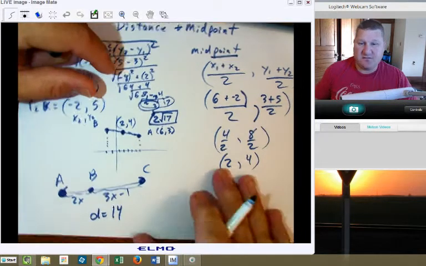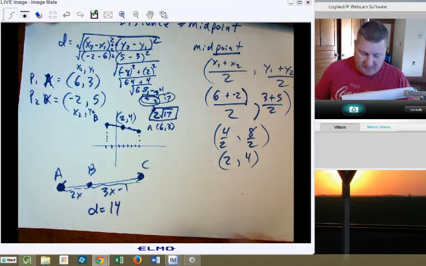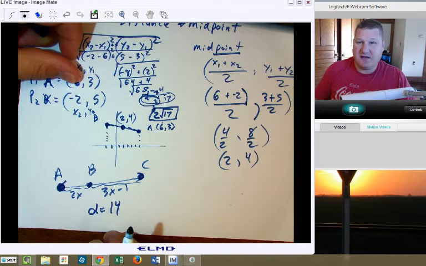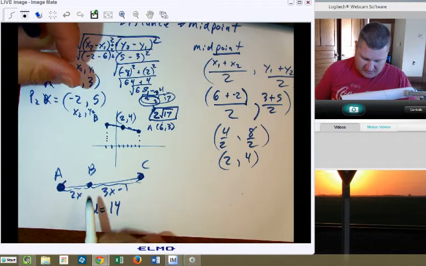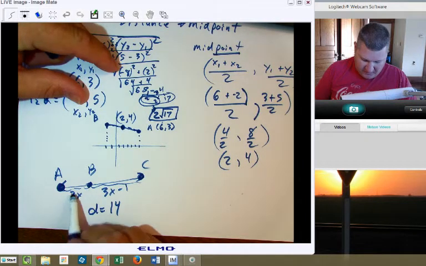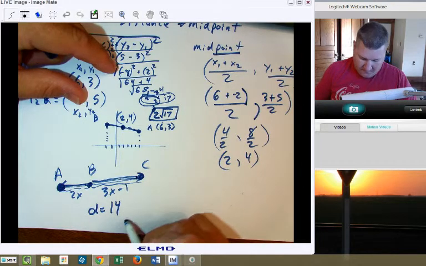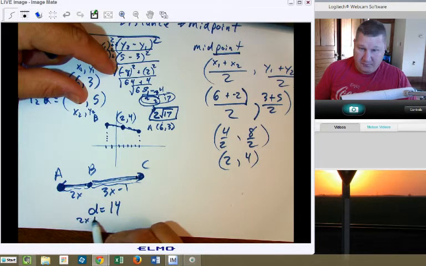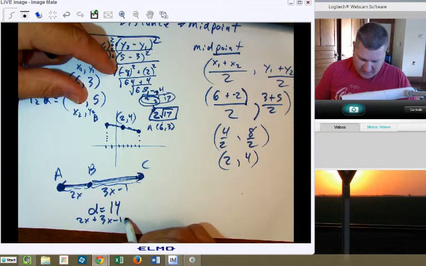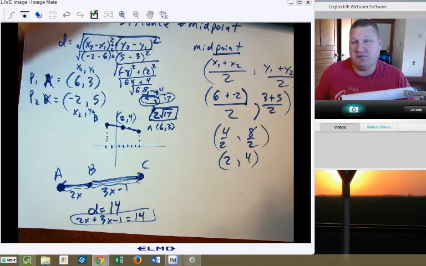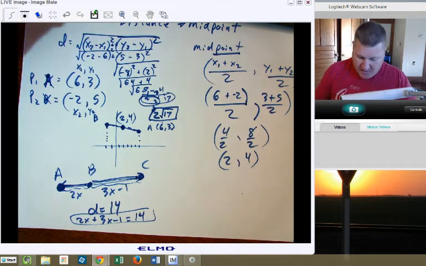If the distance is 14, how can I use the concept of distance along with this information to find x? Well, the answer would, of course, be that whatever this is plus whatever this is equals the total distance. So 2x plus 3x minus 1 equals 14. Now it becomes a simple algebra problem, and you understand why we started with algebra.